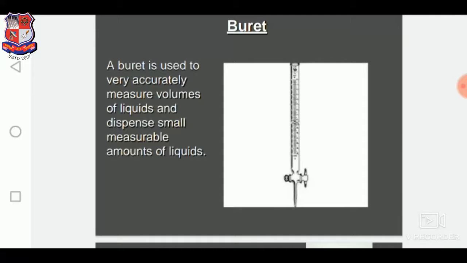Burette. This is a pictorial diagram for that. A burette is used to very accurately measure volumes of liquids and dispense small measurable amounts of liquid. It has to be certain that the burette is very accurate, and this is how it looks.